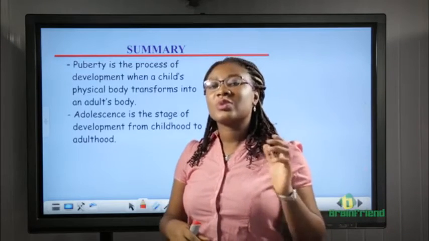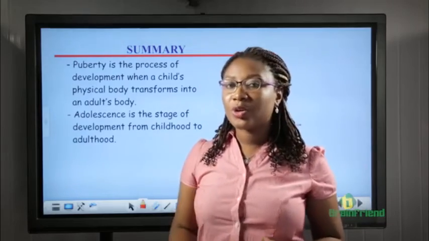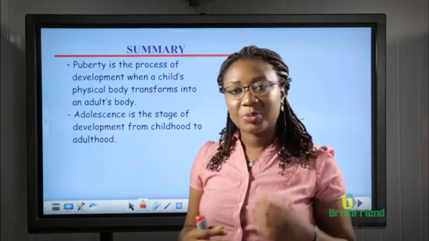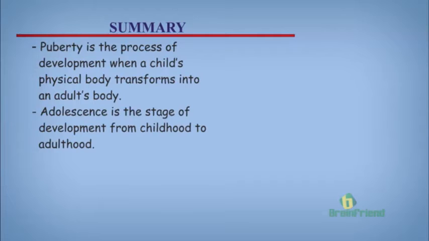We've come to the end of today's class. But before we go, we have to summarize and look at all we've learned from the beginning. We said that puberty is the process of development when a child's physical body transforms, that it changes gradually into an adult body. And then we also looked at adolescence.